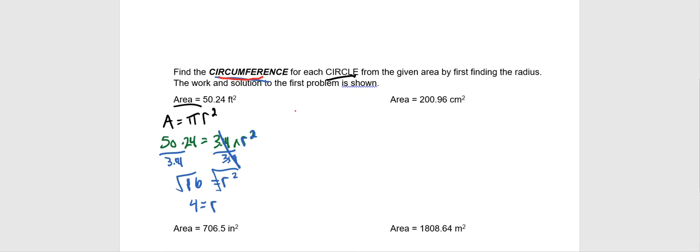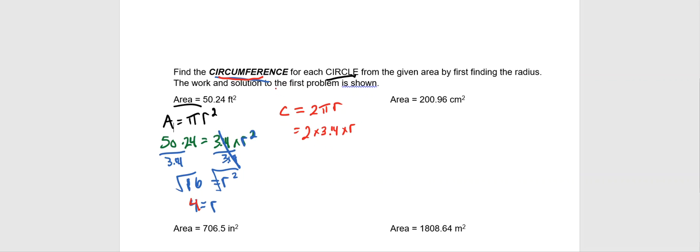Don't forget, we have two formulas we can work with for circumference. We can either say C equals pi times D if we know the diameter, or C equals 2 times pi times r. And since I know the radius, that's the formula I'm going to make use of. So let's see. I'm going to say 2 times 3.14 times 4.